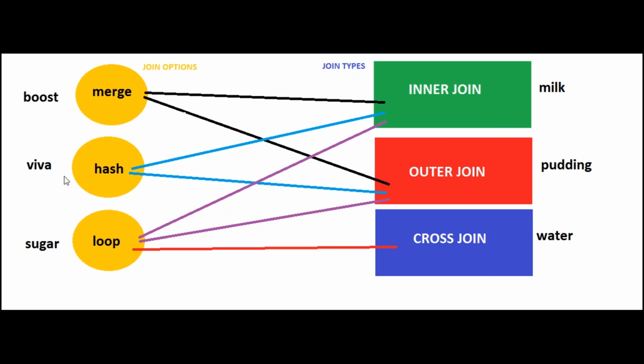Hash join may not be as powerful as merge, but still it has its own energy. Hash is applicable for inner and outer joins. For cross joins, you have loop, like sugar. It works well with milk or pudding or water. Everywhere you add sugar, everywhere you get loop.